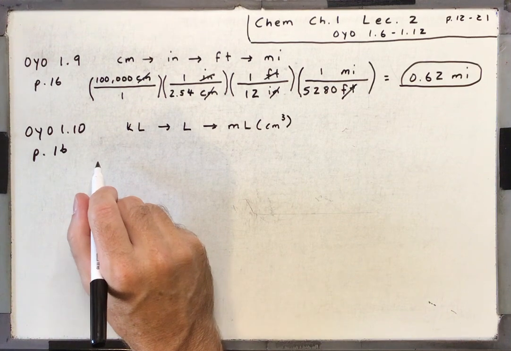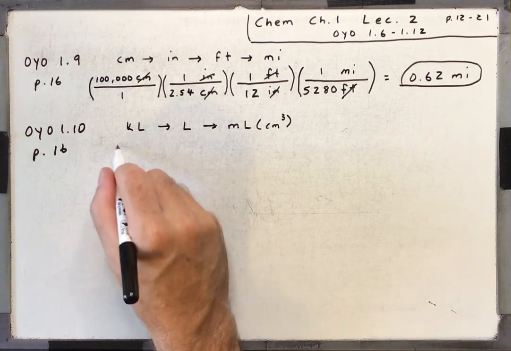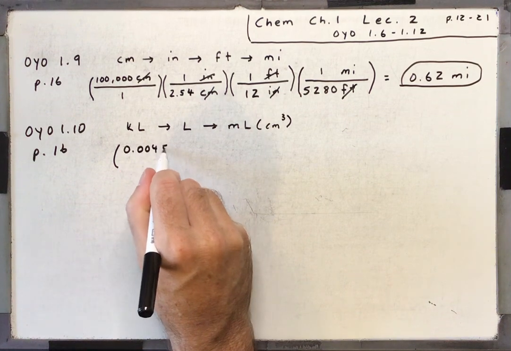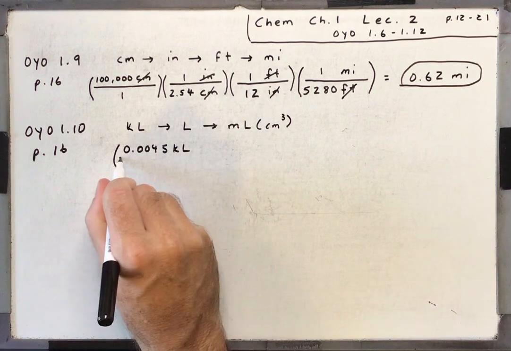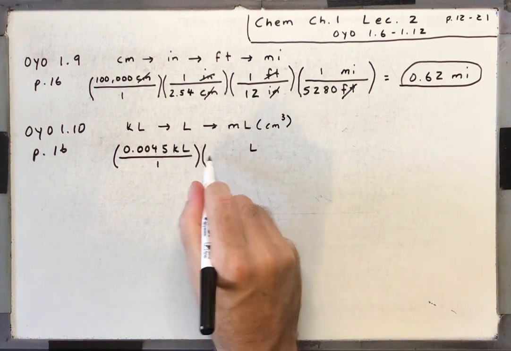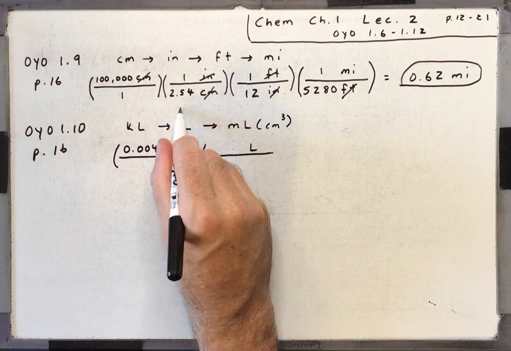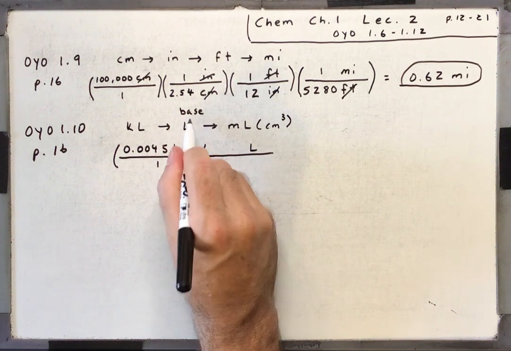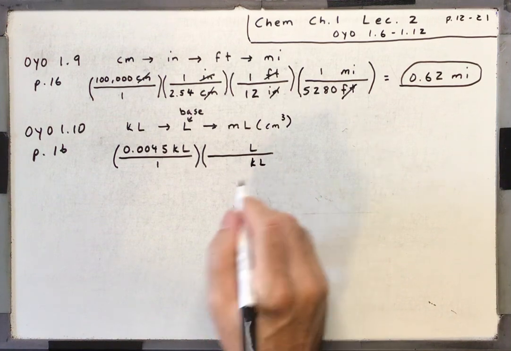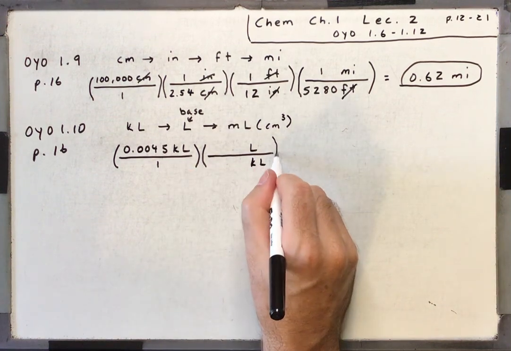Okay, so we are at 0.0045 kiloliters. I'm going to put that over 1. Let's go to liters. So we had to go across the base unit because that makes it a multi-step conversion. We want to cancel out kiloliters, so we put that on bottom.